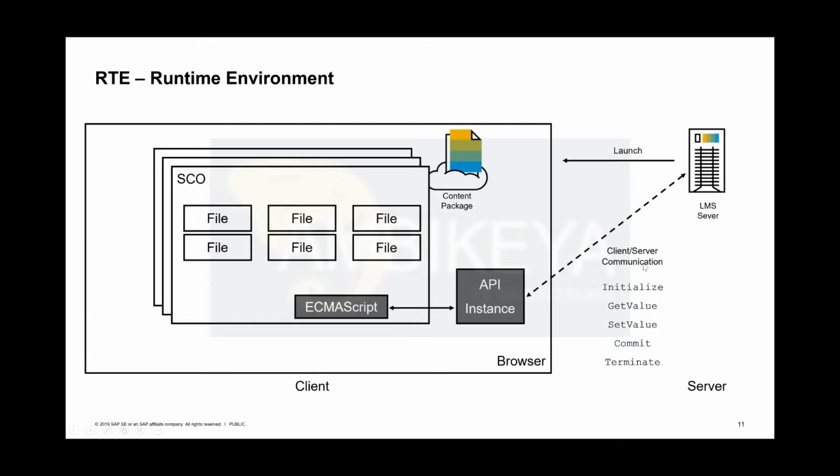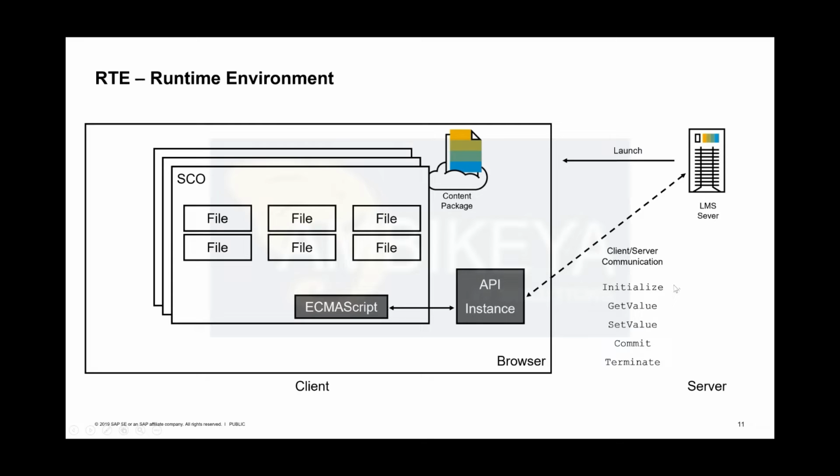And this client-server communication actually comes with some JavaScript methods. There are far more than the ones that I stated here, but these clearly show what the life cycle of an SCO within the browser is and what data is transferred to the learning management system.